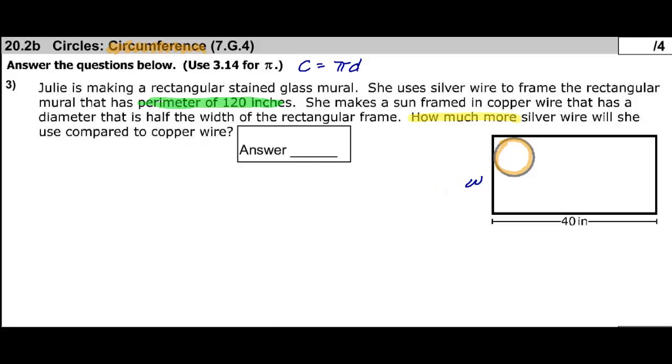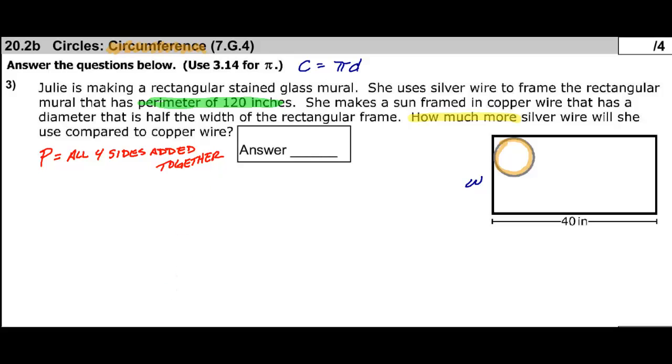How wide is this rectangle? Well, here's what we know about perimeter. For any rectangle, perimeter equals all four sides added together. That's how we get the perimeter of a rectangle.